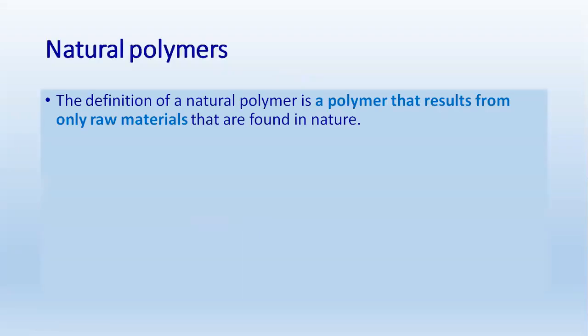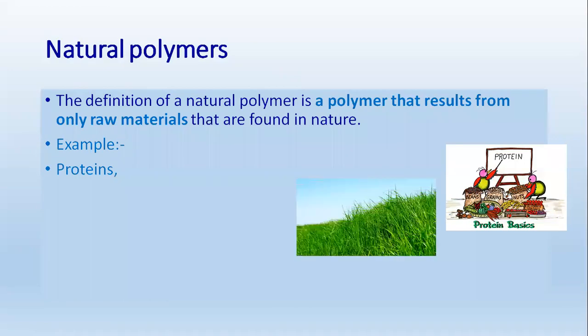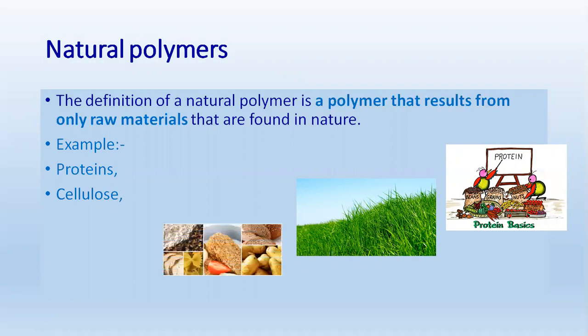Natural polymer. The definition of a natural polymer is a polymer that results only from raw materials found in nature, for example protein, cellulose, starch.